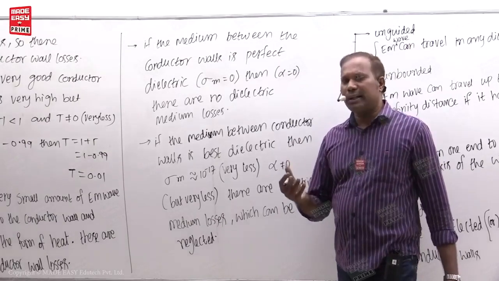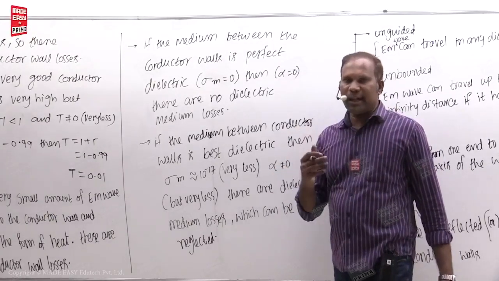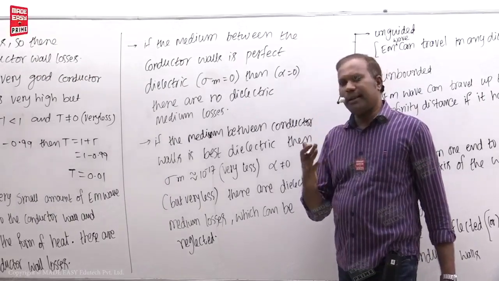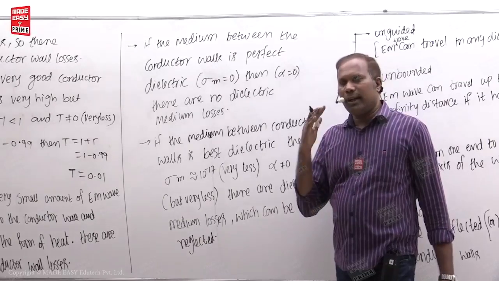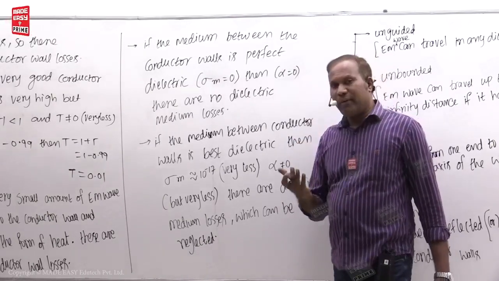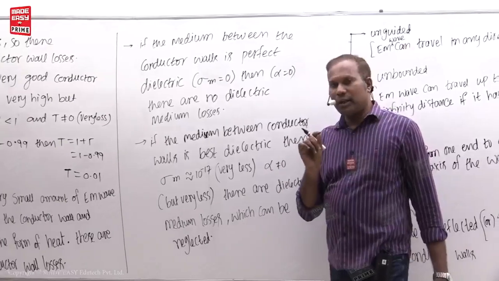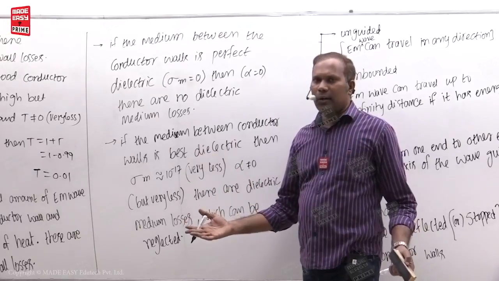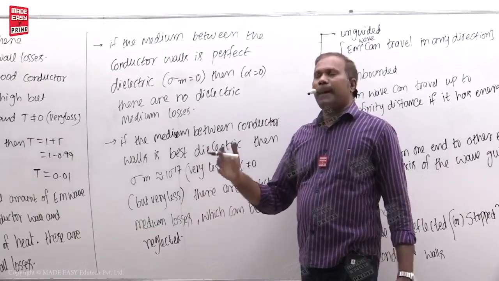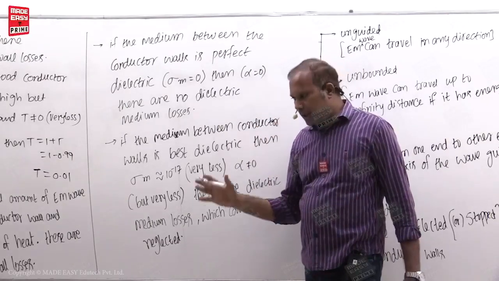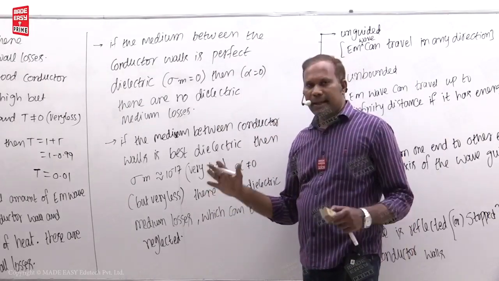We use waveguides in gigahertz frequencies. For example, satellite signals, you will be studying that in satellite communication. Satellite signals, we will use gigahertz frequencies. The satellite signal is generated inside the satellite station.